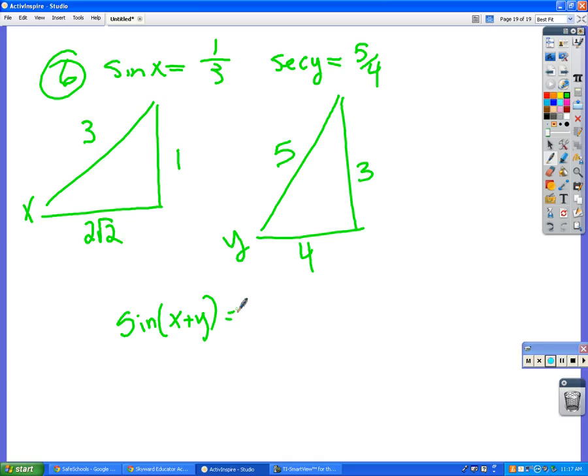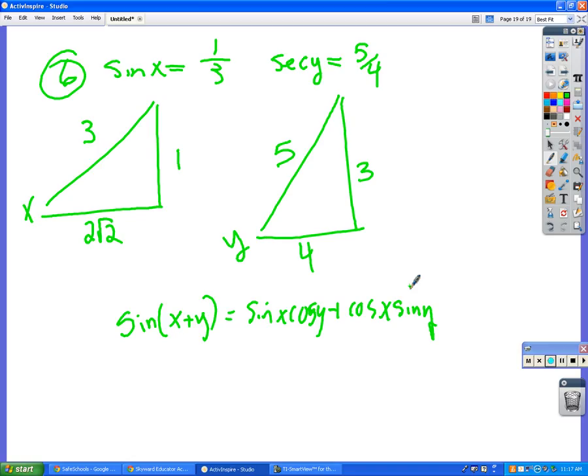Okay, so it is sine x cosine y plus cosine x sine y. Okay, is that what you're remembering? So this is plus, this is plus. If it's sine of x minus y, then it's sine x cosine y minus cosine x sine y.